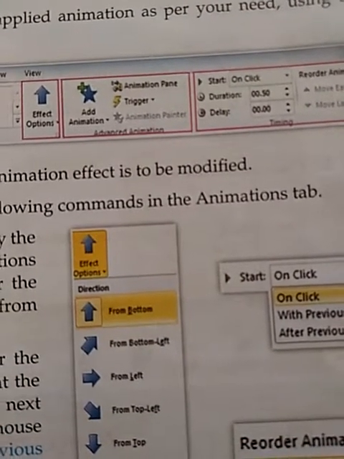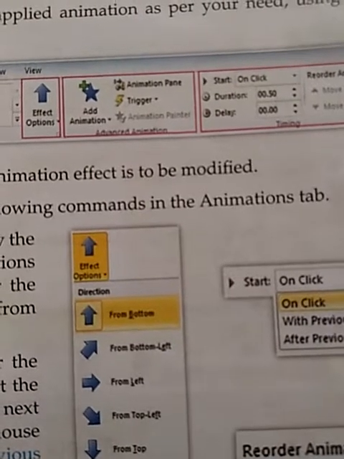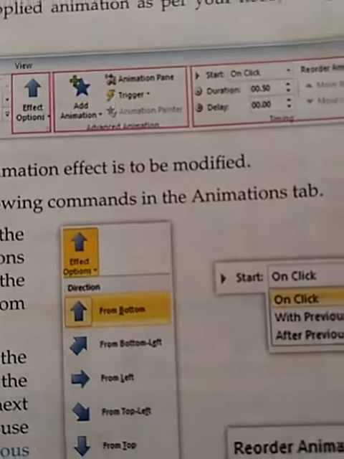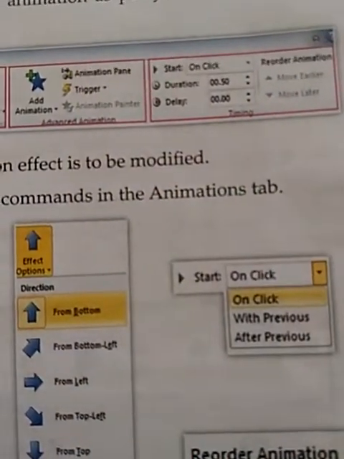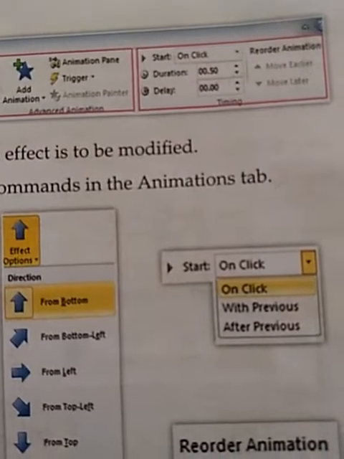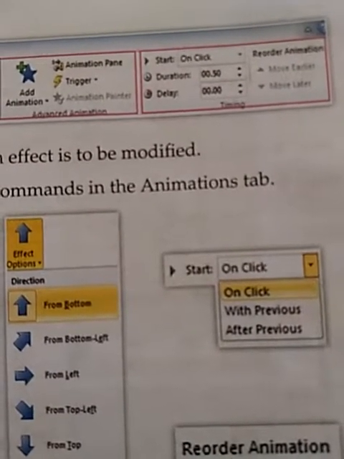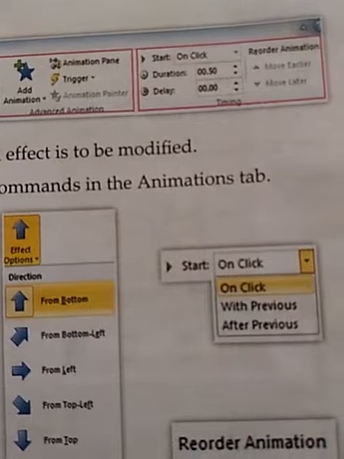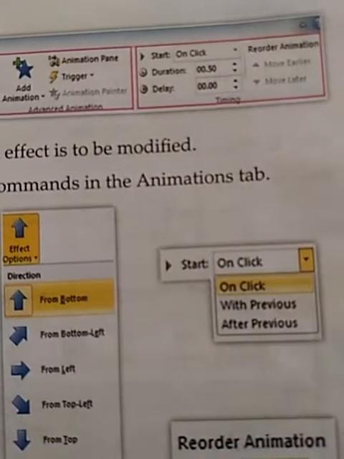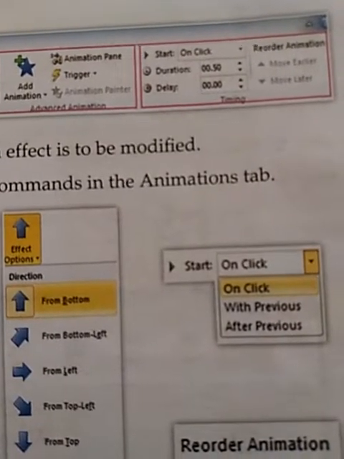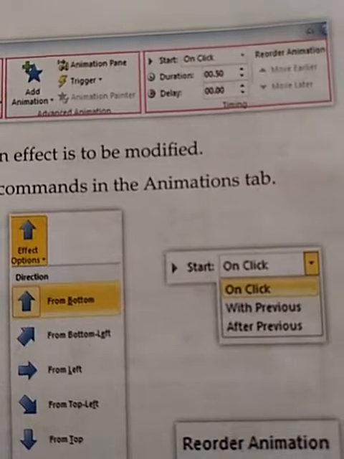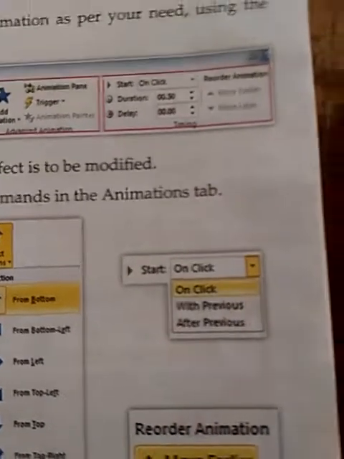For example, for the flying effect, you can choose the direction from where the object should fly. Start is used to choose the time for the animation. This means when do you want the next animation to be played. By default, the next animation is played on the click of the mouse button. You can choose on click, with previous or after previous option.